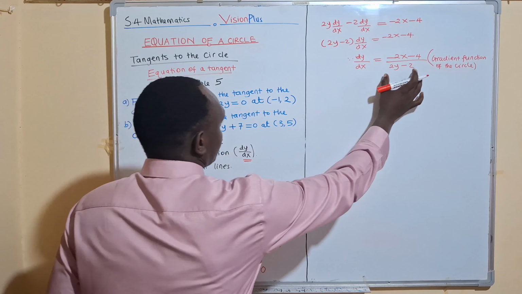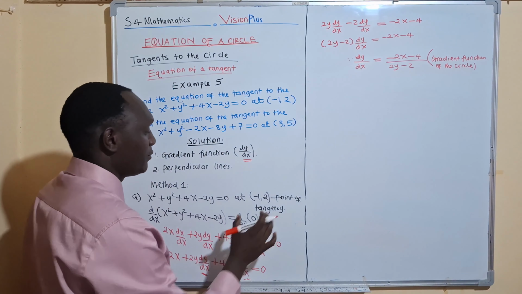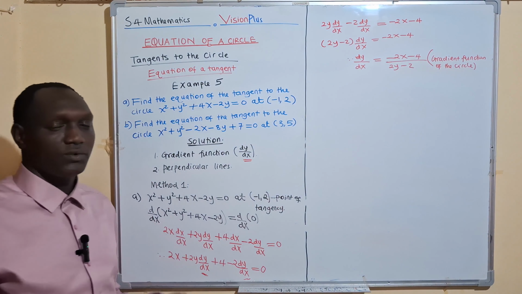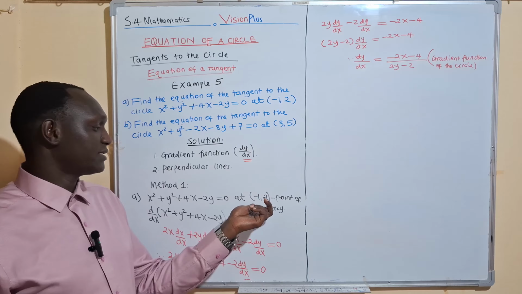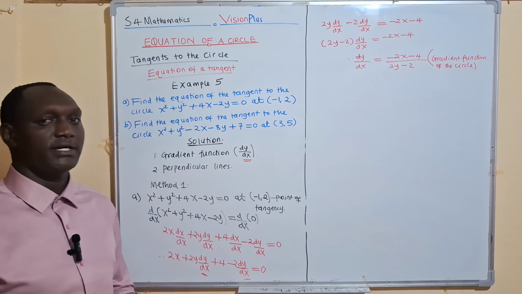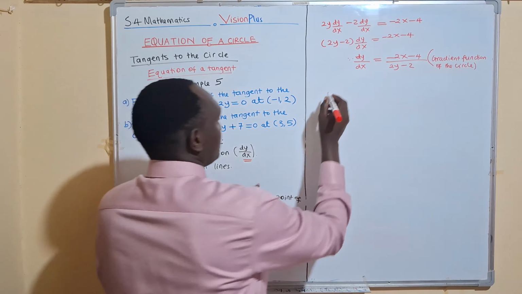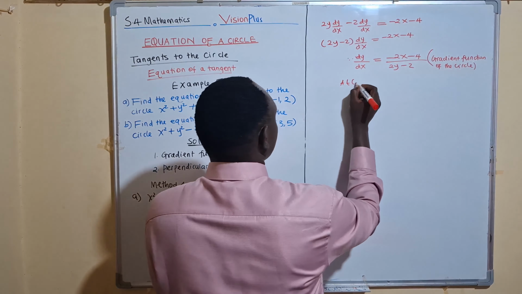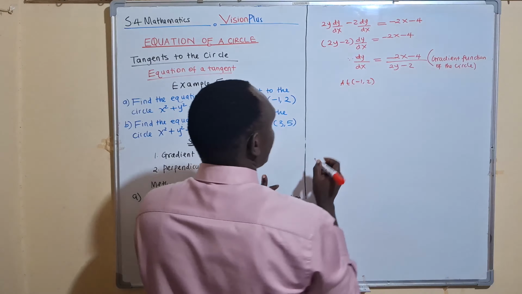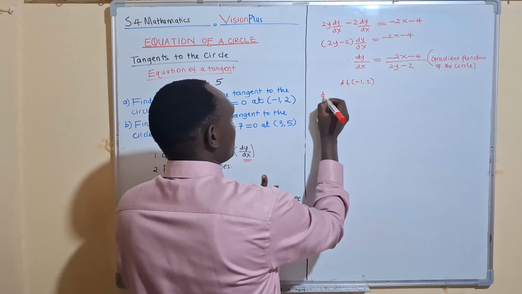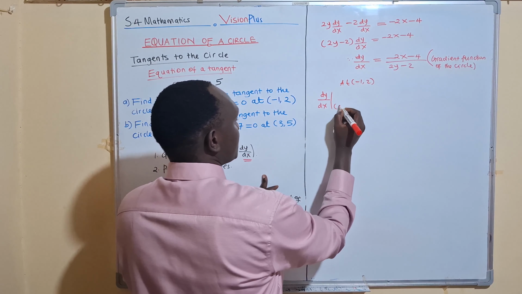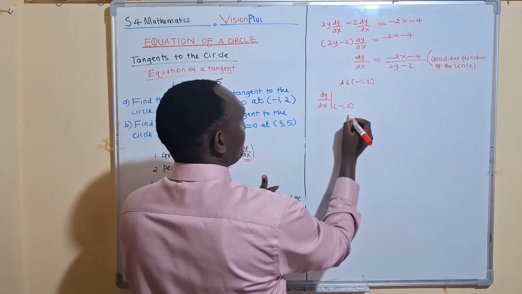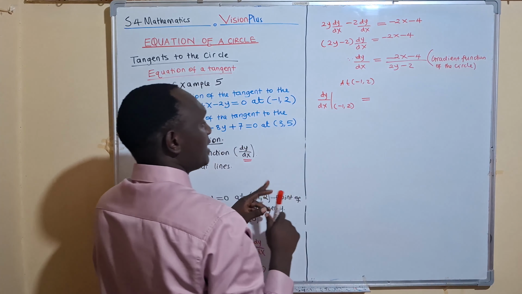So if we have the gradient function, and we have the point of tangency, which is on the circle, then we can find the gradient of the circle at this point of tangency. Therefore, dy/dx at the point of tangency (-1, 2), we can find the gradient.